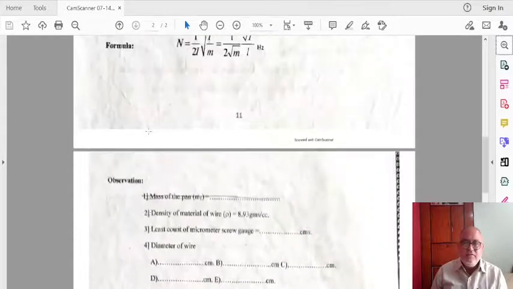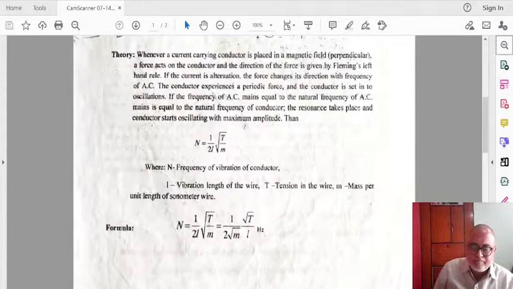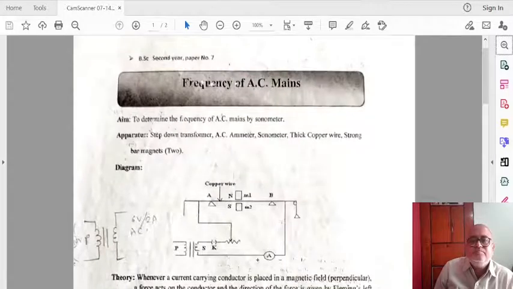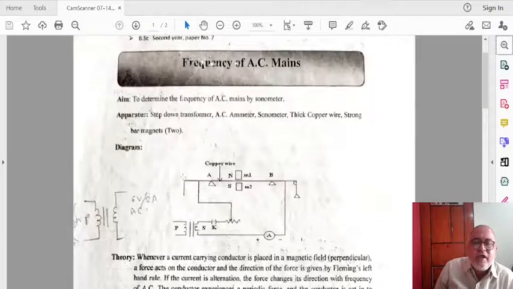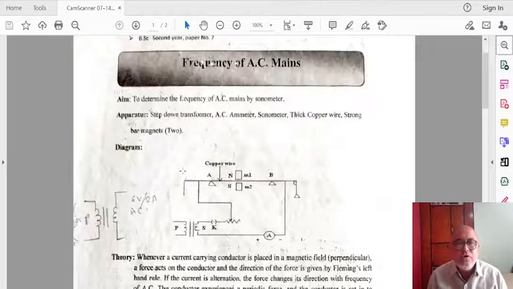See, again I will instruct you that the aim and apparatus should be written on ruled paper, and the diagram and observations you have to draw and write in the observation table on a blank paper.